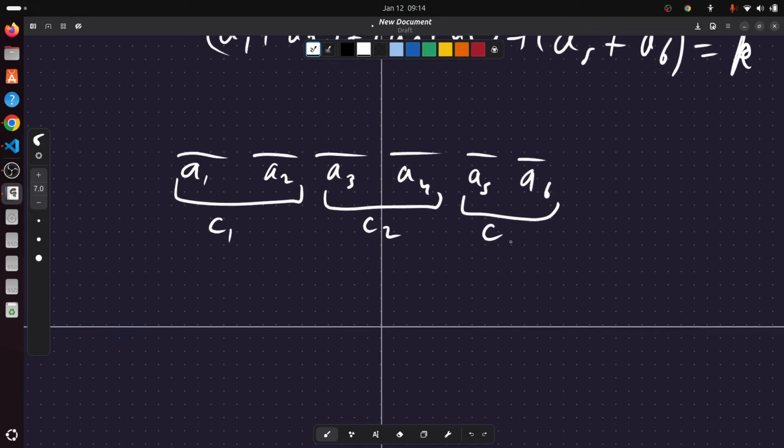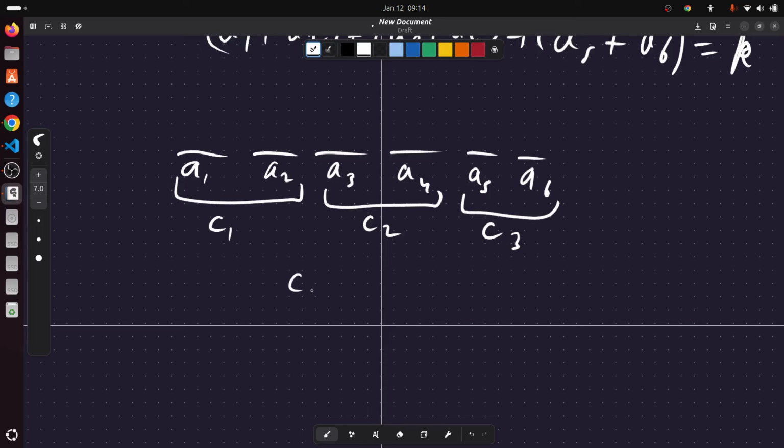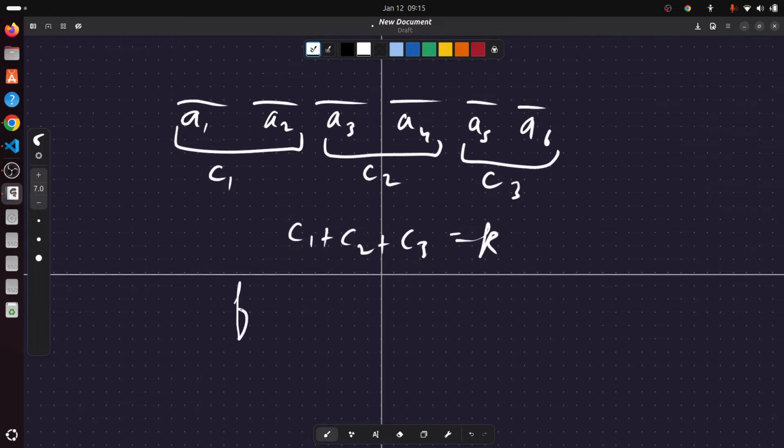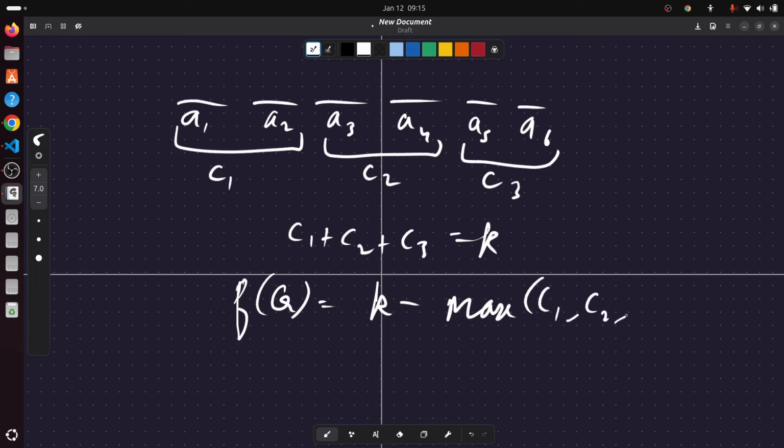My condition is that I want C1 plus C2 plus C3 equal to K, and f of G is basically K minus max of C1, C2, C3, right?